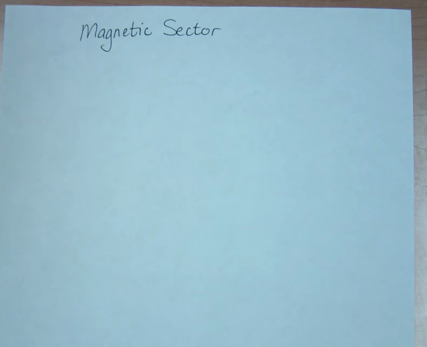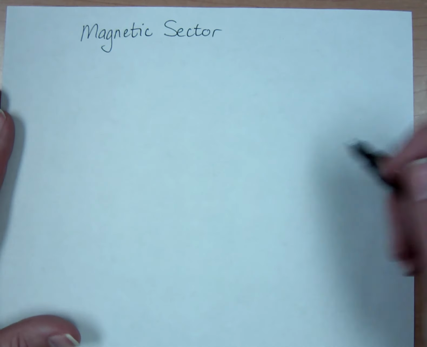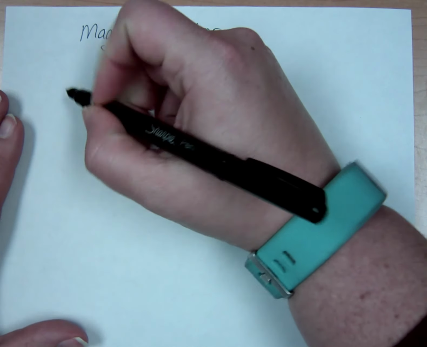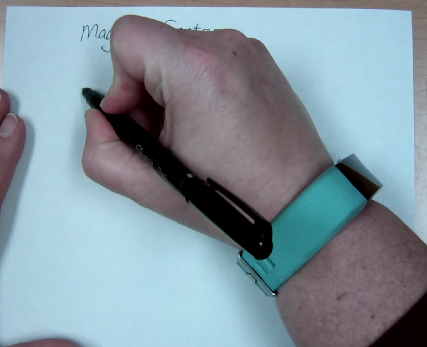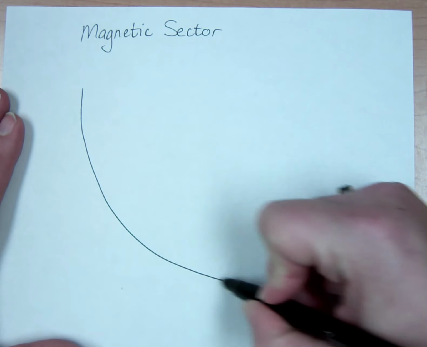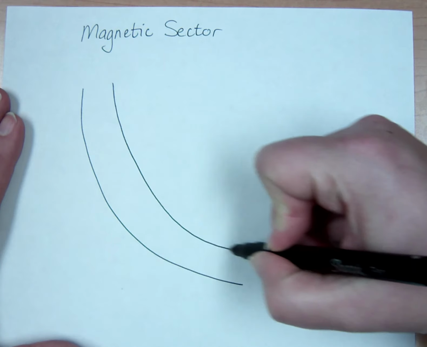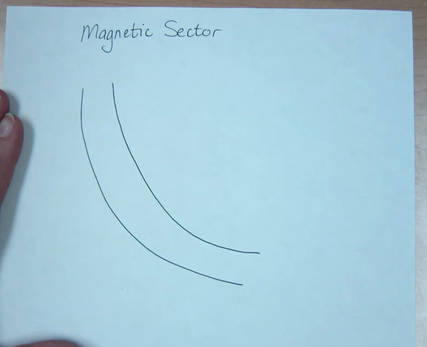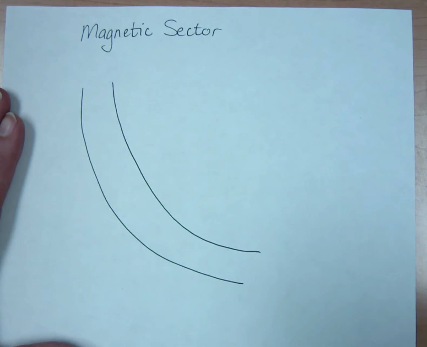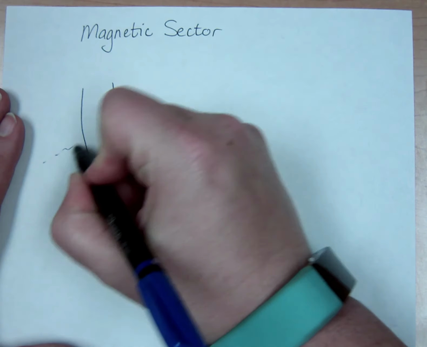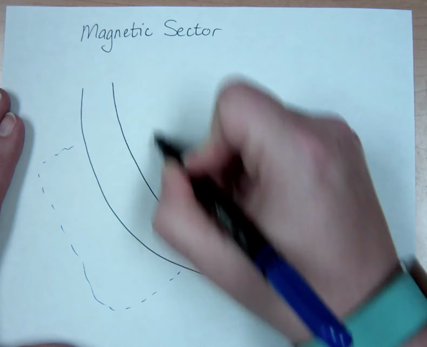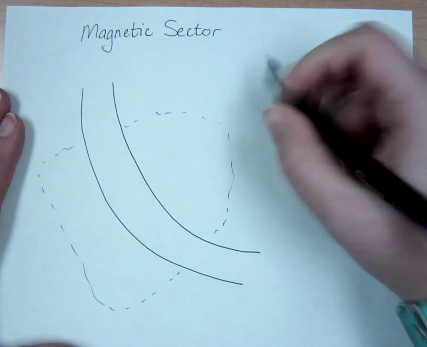But for the magnetic sector, it's a pretty simple design. We have a curved path that we intend to force the ions through. And on either side of this ion path, we're actually going to put a magnet. I'm just going to draw this. We put a magnet on either side.